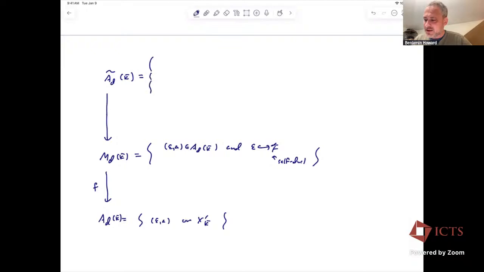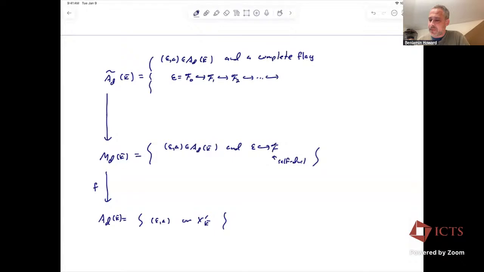So let's look at all the ways of starting from EA and enlarging it a tiny bit at a time until you hit self-dual. So an EA and a complete flag starting from E, which I'll call F0, I enlarge it a tiny bit to some F1, and then enlarge it a tiny bit more to some F2, and keep going until I eventually hit something self-dual.